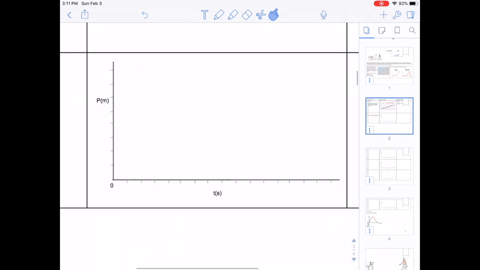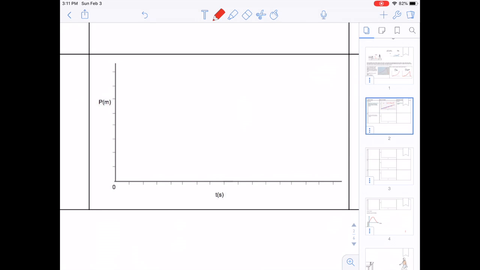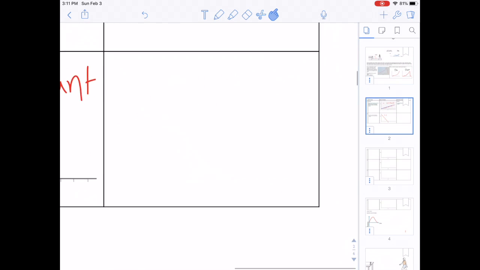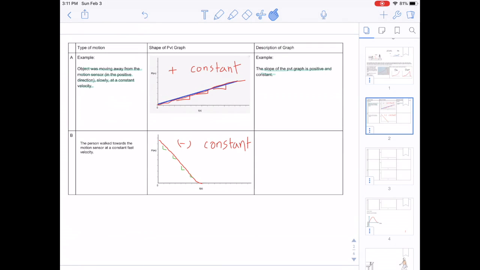And if we were to watch it take place on the graph, it would probably look something like this. Something just like that. And you could see that this slope is constant. They were moving at a constant velocity. So we know that this slope is negative and it's constant. So we would say something in this description box right here, the description of the graph.